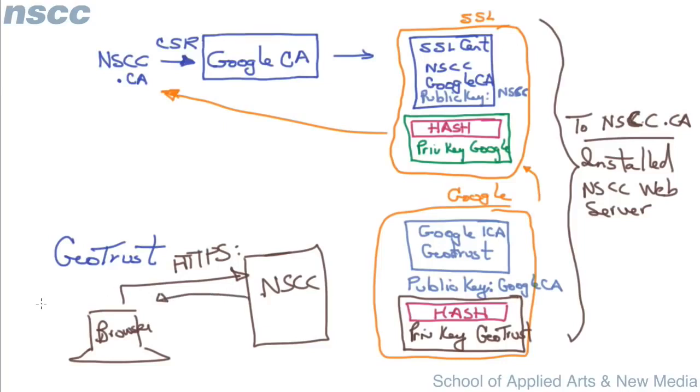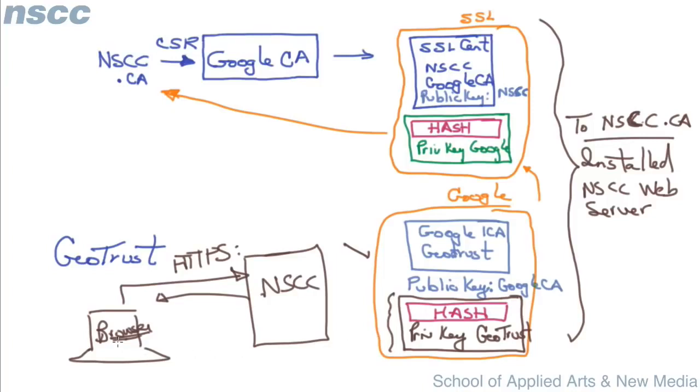Now, the very first thing that has to happen is that if it looks at this certificate here, it'll be able to verify, because this browser has the certificates for all root CAs, and because this is a root CA, it'll be able to unencrypt.